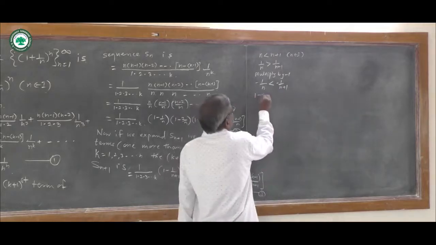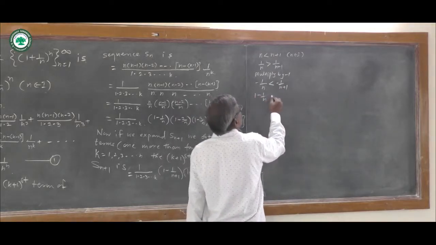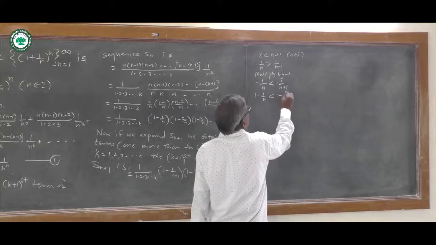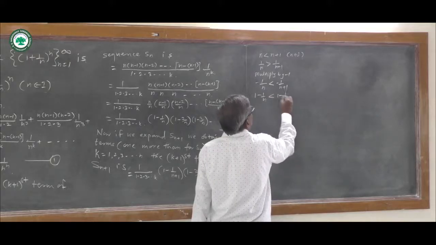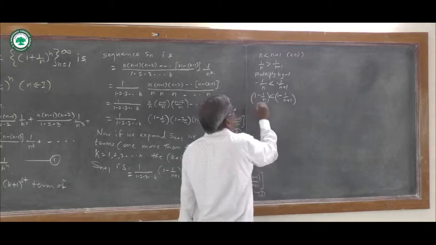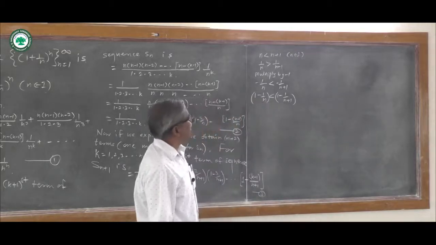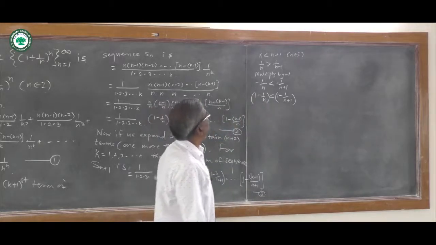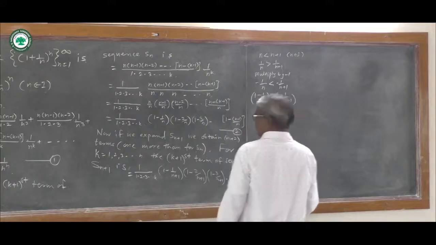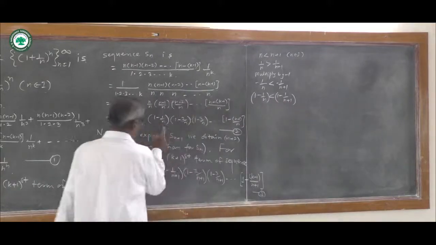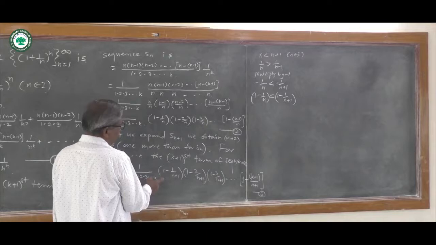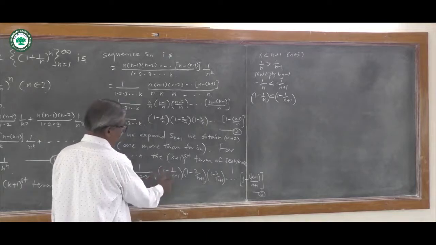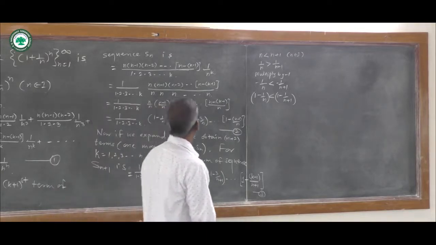Therefore, 1 minus 1 upon n is less than 1 minus 1 upon n plus 1. Means first bracket 1 minus 1 upon n is less than 1 minus 1 upon n plus 1.